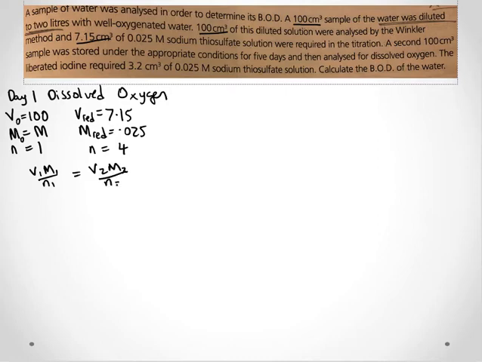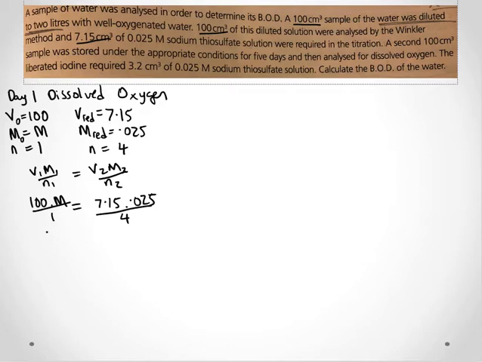V2M2 over N2. So we have 100 multiplied by the molarity of the oxygen, which is what we're looking for, over 1 is equal to 7.15, the volume here, multiplied by 0.025 over 4.